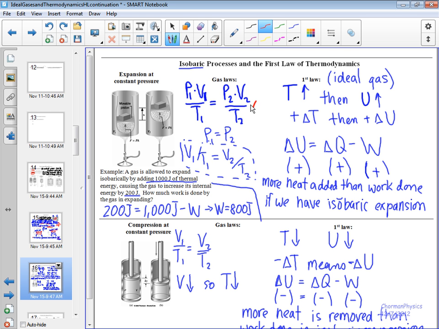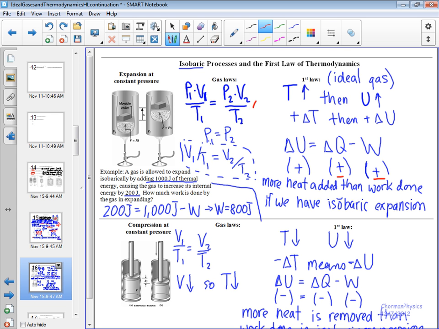So again, considering the first law of thermodynamics, if we have an increase in temperature, we have an increase in internal energy. So if we have an increase in internal energy, that means we have a positive increase there. And when we add heat, in other words, delta Q to the system is positive, that means we're going to have an expansion. That means there will be work done by the system in this case.